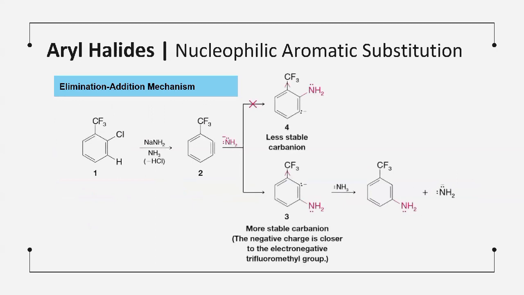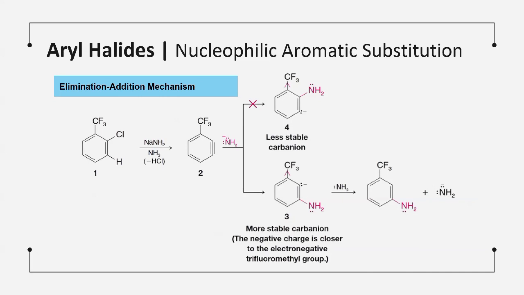So, in that specific example, sa unang example na pinakita, the amide ion can attach itself sa either of the two carbons that are attached by the triple bond. However, the presence of an electronegative group, in this case, the trifluoromethyl group, it would prefer syempre yung more stable na structure.